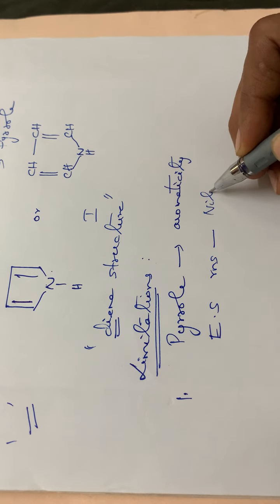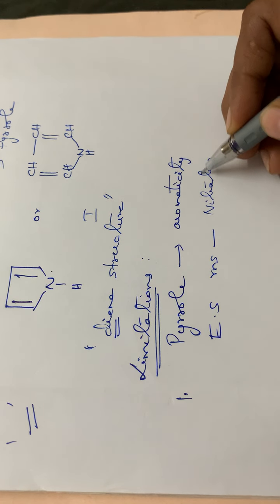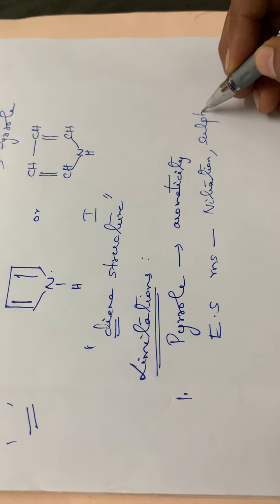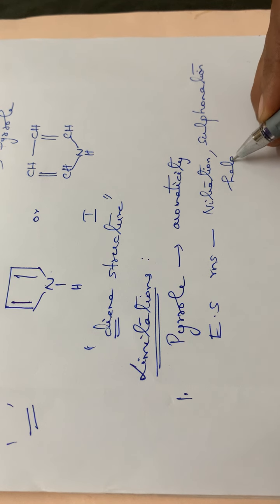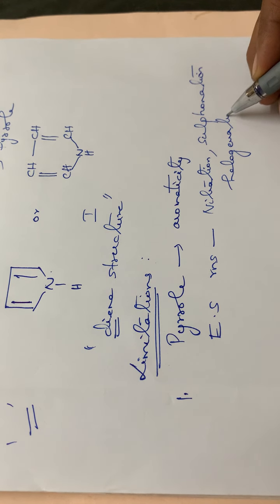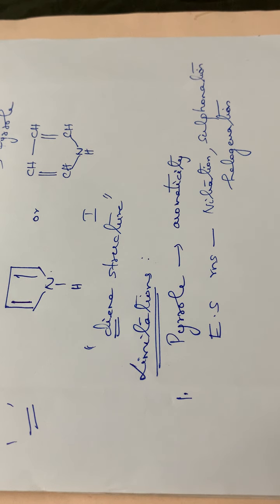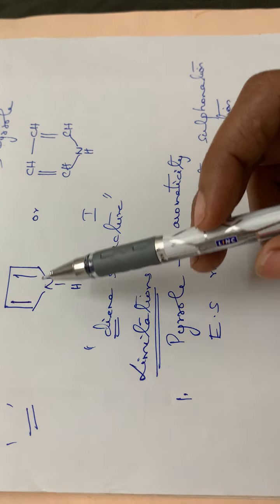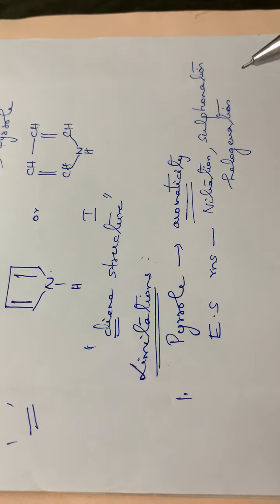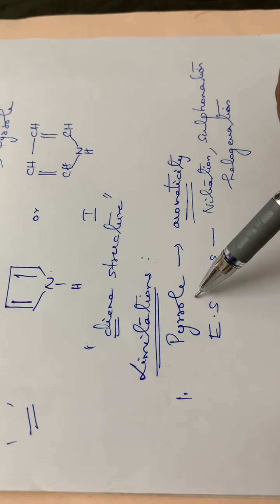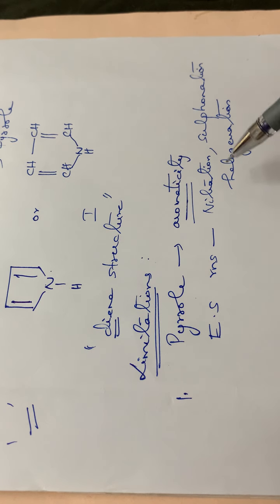We have seen nitration, sulfonation, halogenation, etc. So the diene structure cannot explain this aromatic nature. Aromatic nature means it will have 4n plus 2 pi electrons, but this structure cannot explain the aromatic nature of pyrrole. So that is the first limitation. That means it will give electrophilic substitution reactions only.